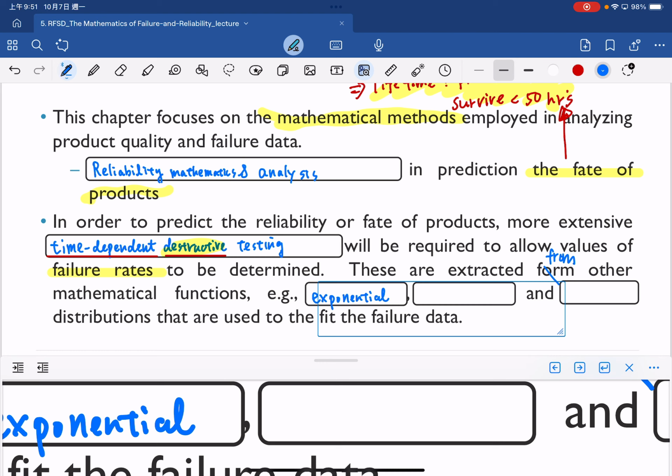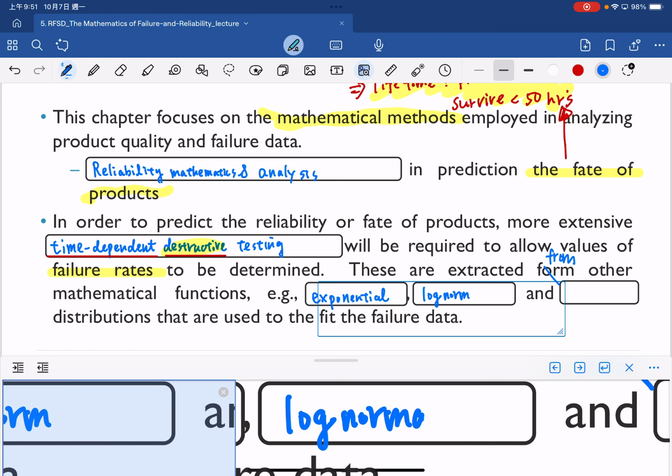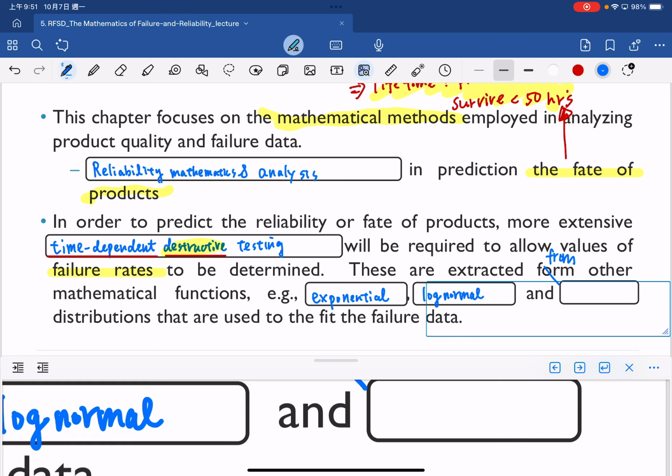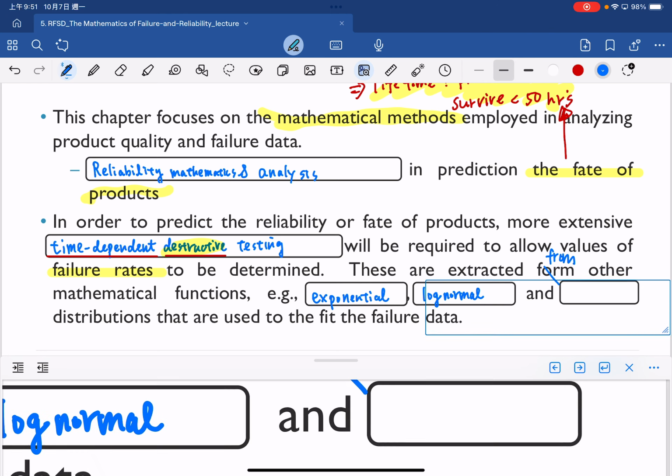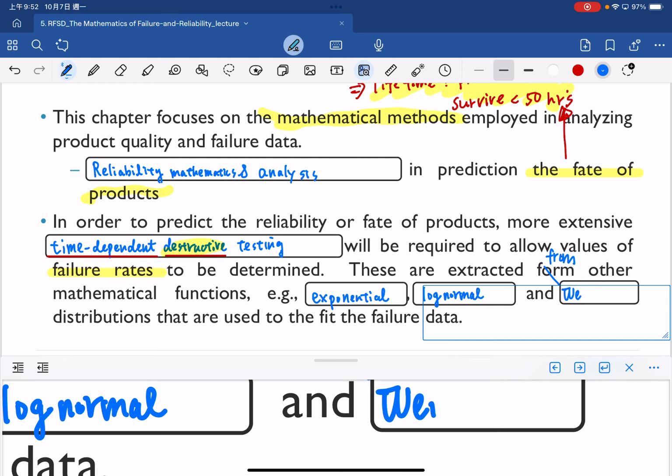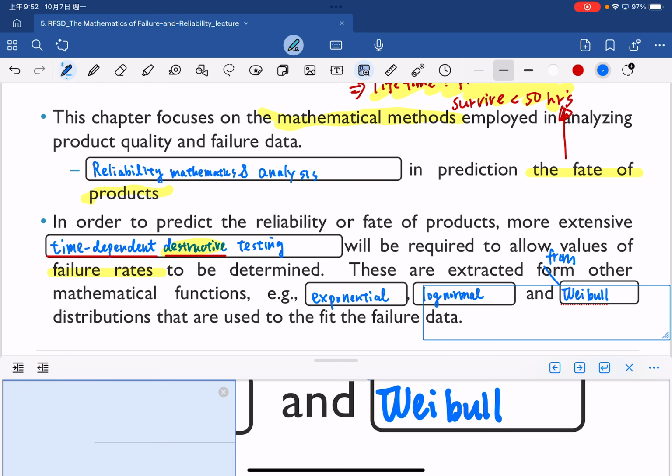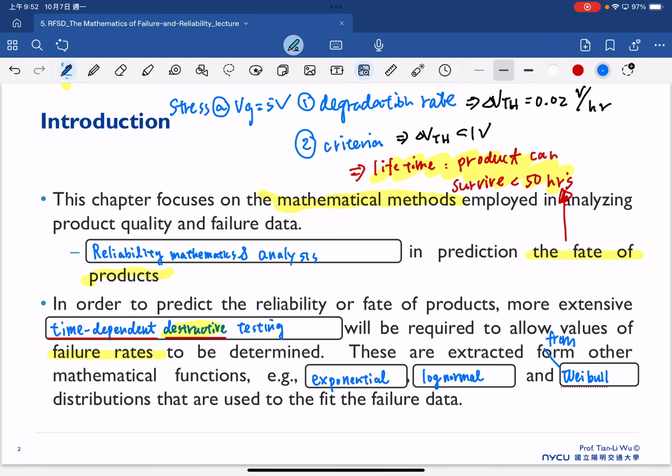And for sure, there are some functions probably you never heard before, but you will have to use them during the reliability analysis. For example, the log normal. And the last one, which is the Weibull distribution. So these three are the most important distributions that we have to learn in the end to use to fit the failure data.